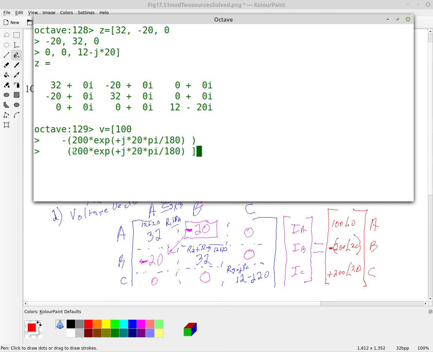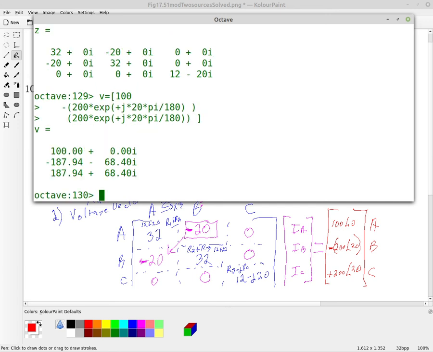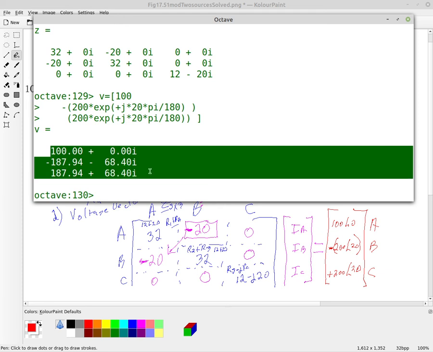Here I didn't have a negative sign, so I really don't need that parentheses there. Okay, it doesn't hurt if you put it there, that's fine, but if you're going to put it there, you better make sure you put the closing one on the other side. Either way will be perfectly fine. Now when I hit enter, this gives me my voltage column vector.